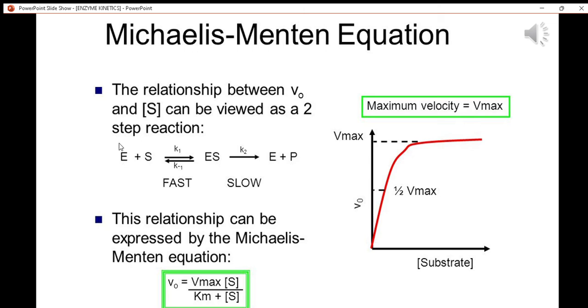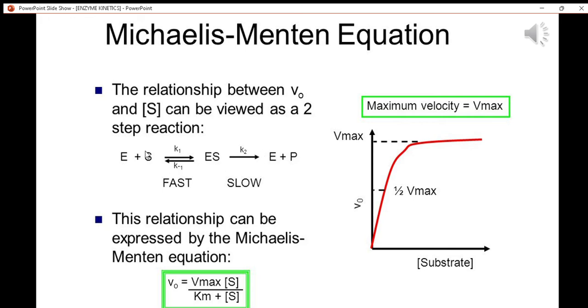You can see the constant is K minus 1. Or the enzyme substrate complex may be converted into enzyme and product. That means the substrate is converted into product and the product may go away from the enzyme. In that case, the enzyme is again free to accept another substrate.